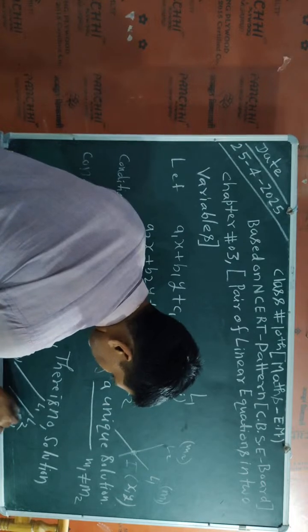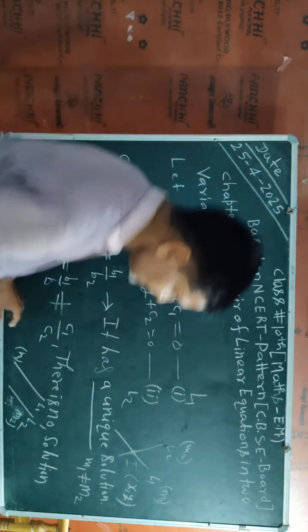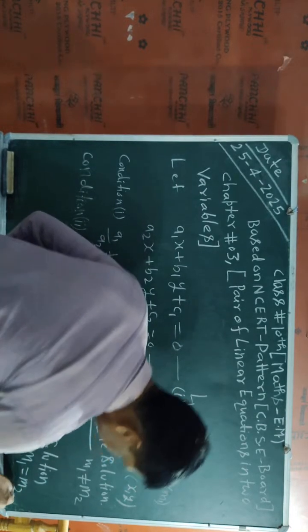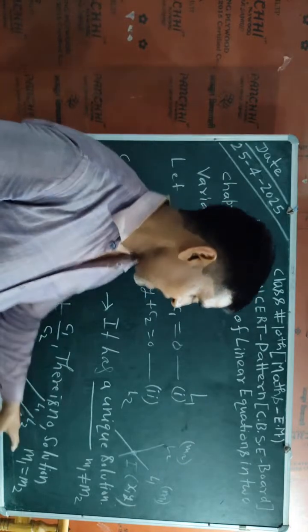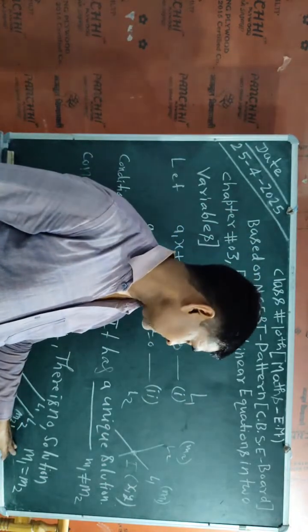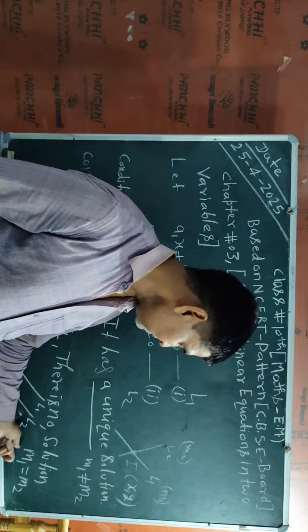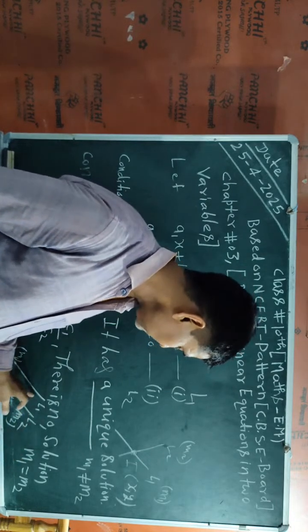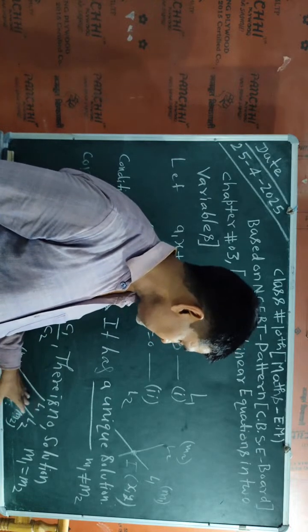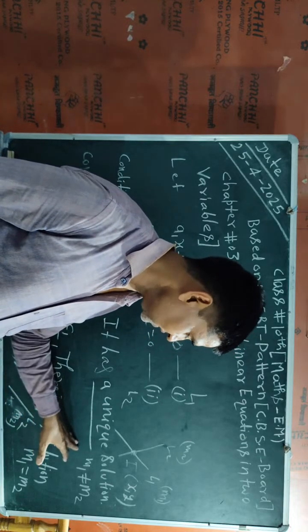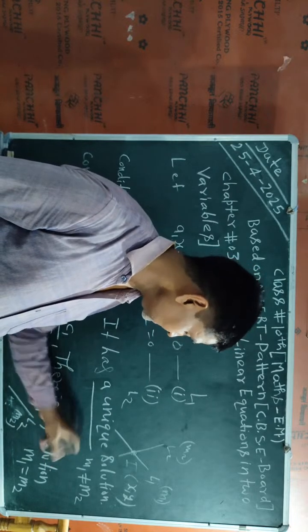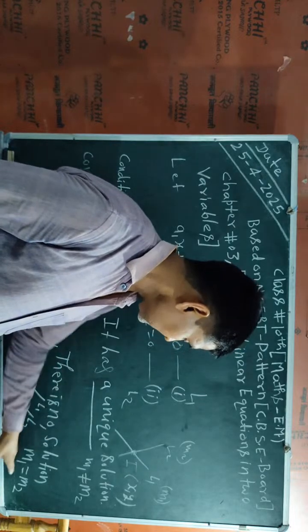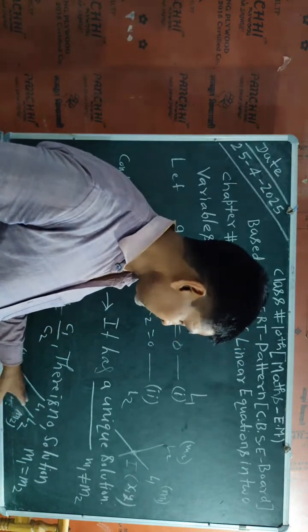So I will write the condition: in this case m1 is equal to m2. Yesterday I already explained that if both lines have the same slope, they are parallel to each other and these two lines will meet at infinity. We can only imagine that these two lines meet at infinity, so there is no intersection point.